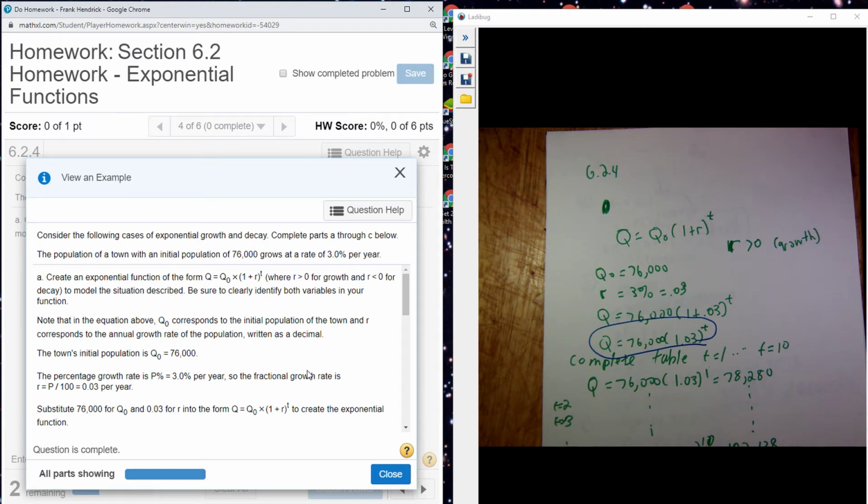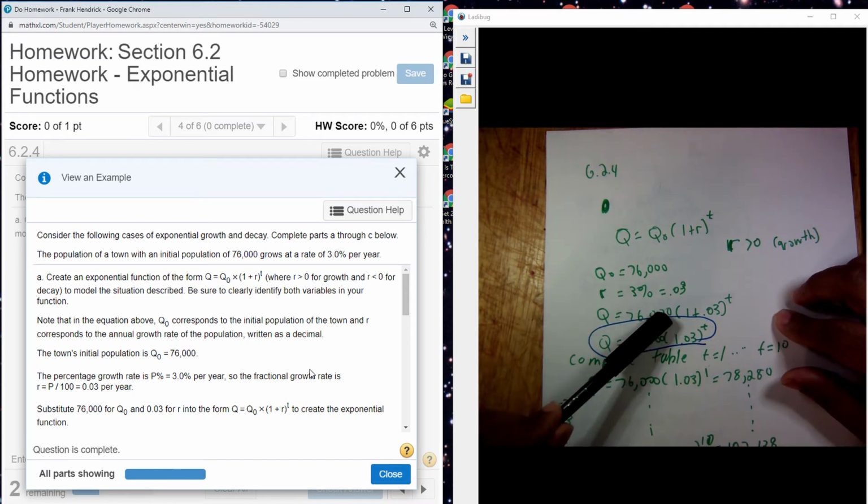This one here, complete parts A through C, create an exponential function. So this particular population has an initial population of 76,000, and it grows at a rate of 3% per year. So my R is 3% per year, increasing.